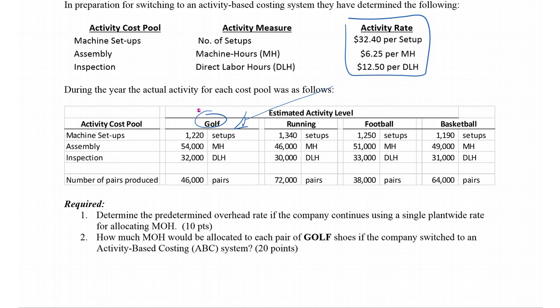So golf has, again, show your work, these are the overhead activities. Machine setup: it has 1,220 setups times $32.40 per setup, and then we're going to add to that the assembly.